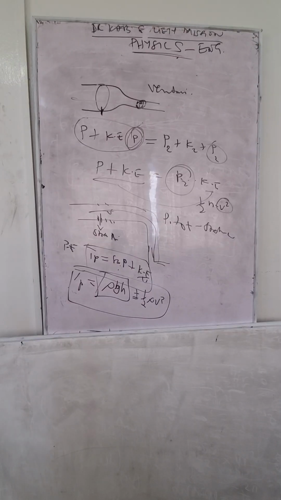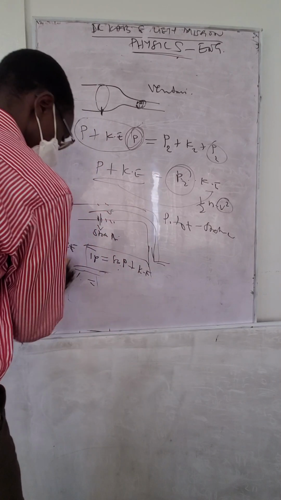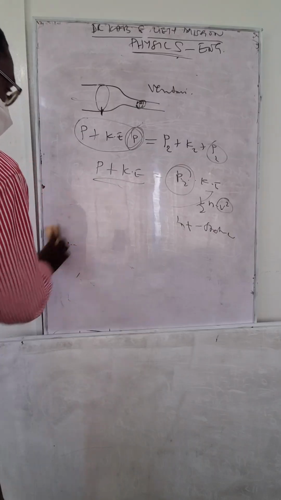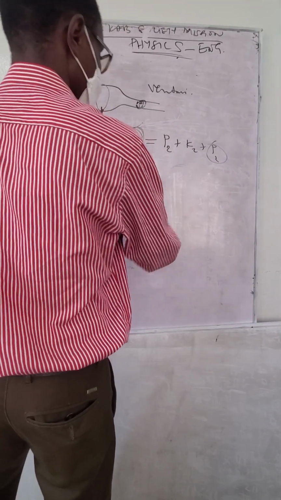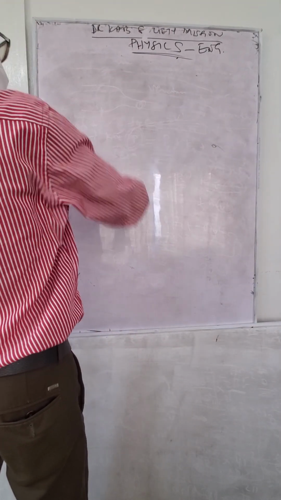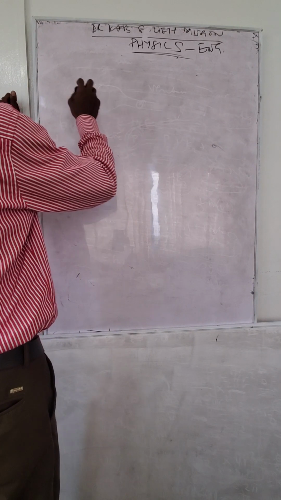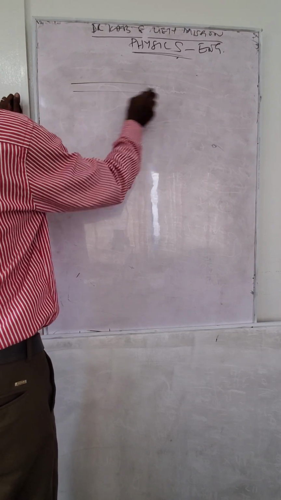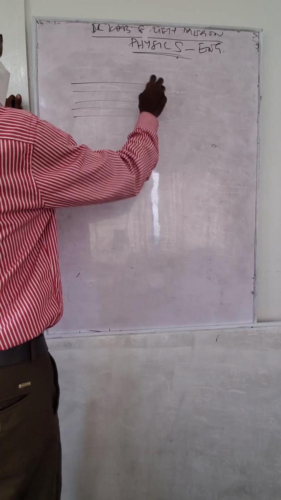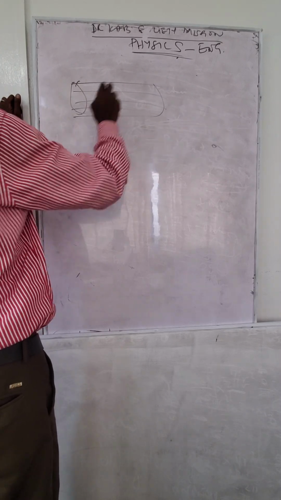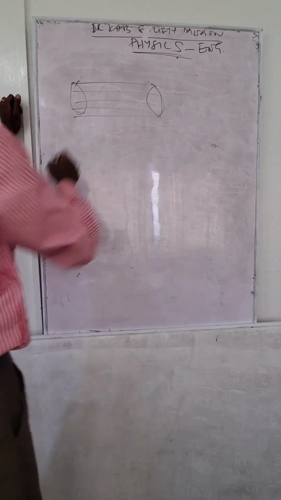Now let's look at the column of air moving. Let's say air is moving like that. Now this column of air, we can actually estimate the pressure.